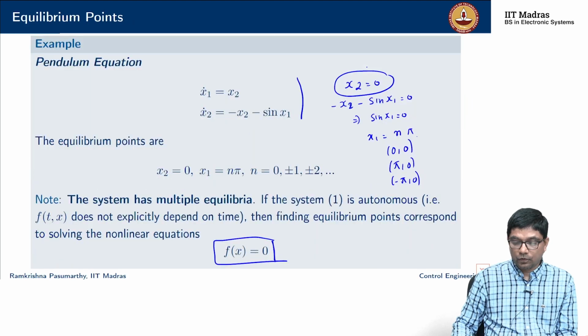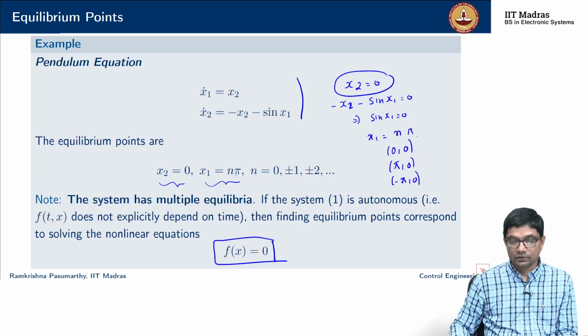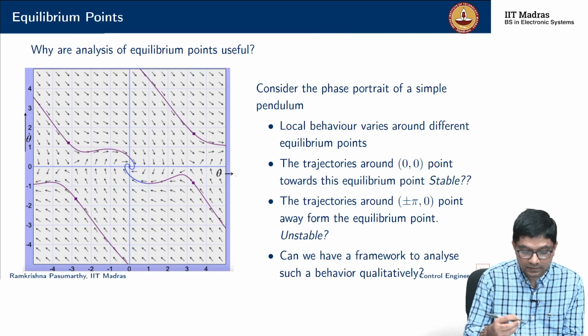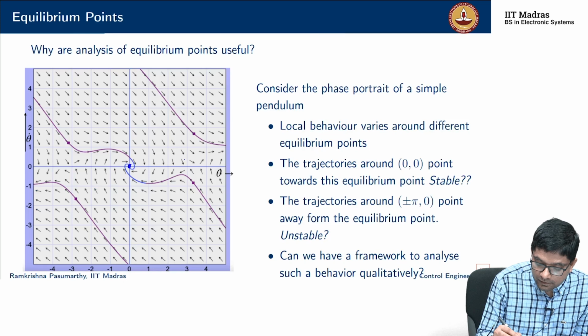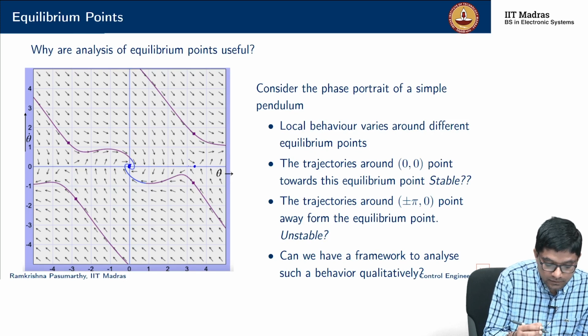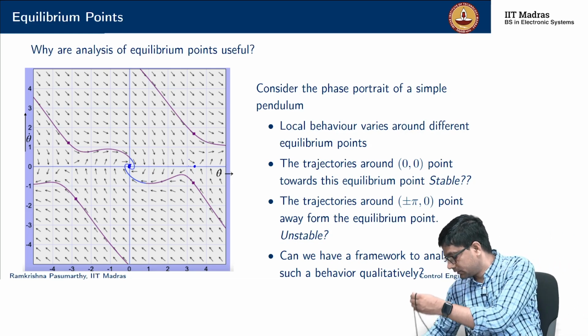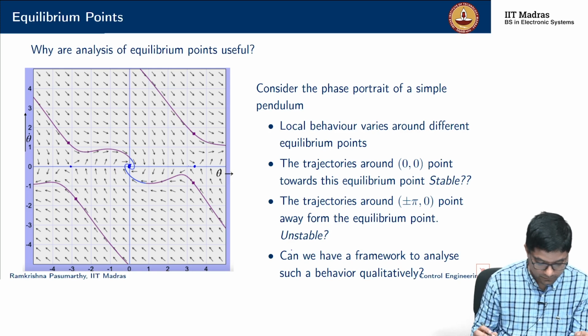Okay, now what I know here is that maybe this pendulum has multiple equilibriums: 0 0, pi 0, minus pi 0. That is a point here, another point which is somewhere here, this will be pi 0, and another point which is somewhere here like minus pi 0 and so on.